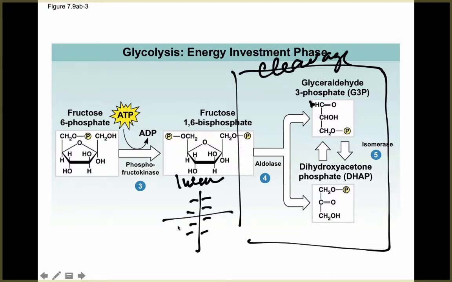And if you notice, you have 1, 2, 3 carbons here, and 1, 2, 3 carbons here. And if you look, you have 1, 2, 3, 4, 5, and 6. So 1, 2, 3, right here.